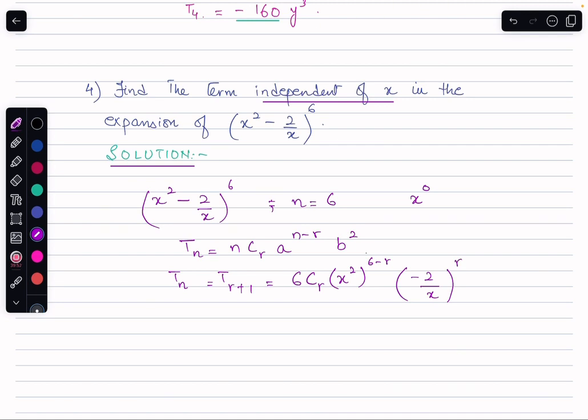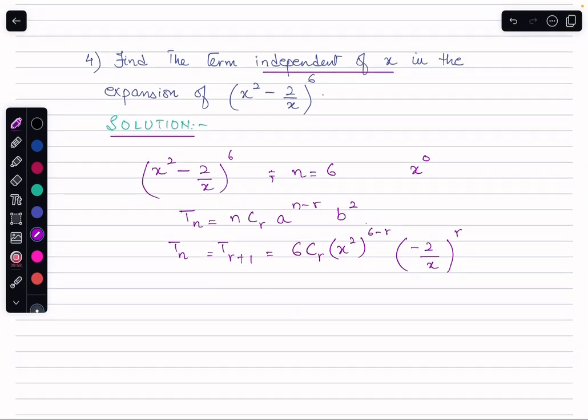Now I want the term which is independent of x, that means x should be having a power which is 0. So here I will be having all my number values, which is 6Cr and negative 2 to the power r on one side, and then solving for x, I should be having x square to the power 6 minus r and 1 over x to the power r here.